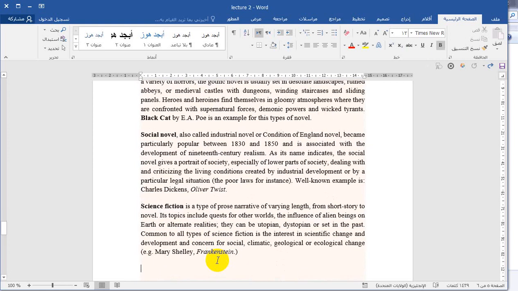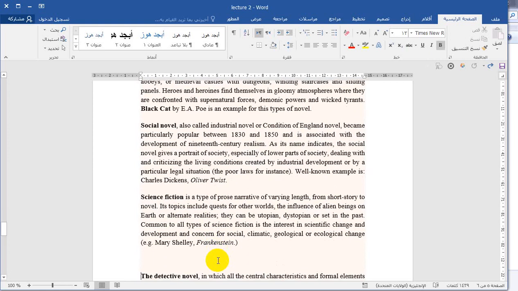Science fiction ranges from short story to novel. Its topics include the quest for other worlds, and especially we watch them in movies. It is a quest for other worlds, the influence of alien beings on Earth, not human beings but strange creatures, and how they attack the Earth, or alternate realities.